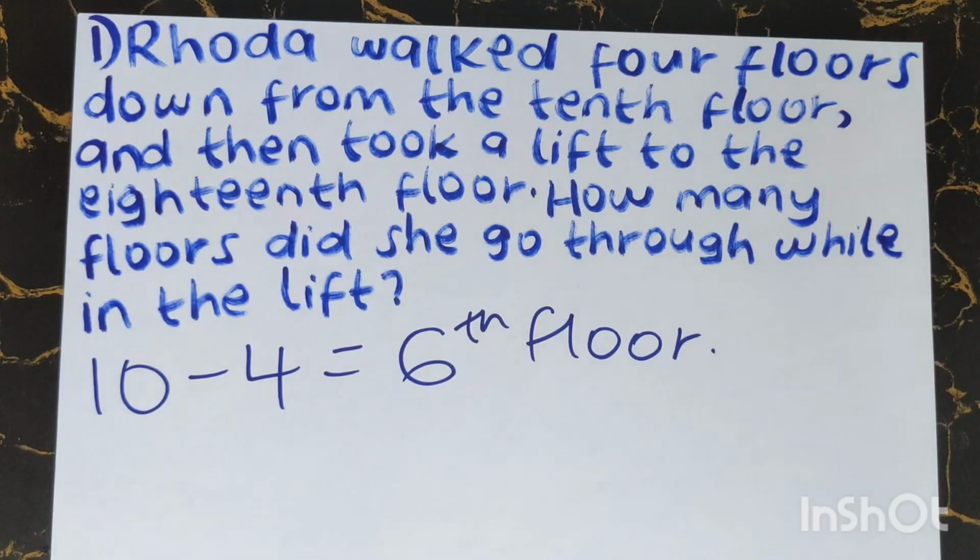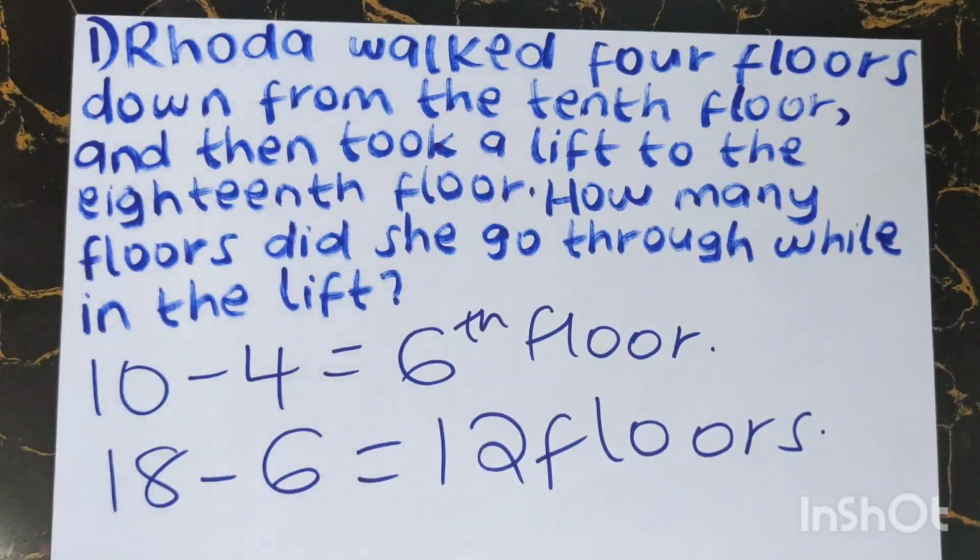So you need to figure out how many floors she went through while on the lift, okay? So in order for us to know this, we'll need to subtract the floor where she was currently standing on, which is the 6th floor, from the 18th floor, okay? Which is where she wanted to go. And 18 minus 6 is 12 floors. So we can comfortably conclude that Rhoda went through 12 floors while in the lift.